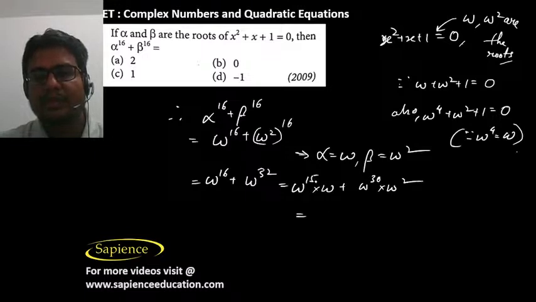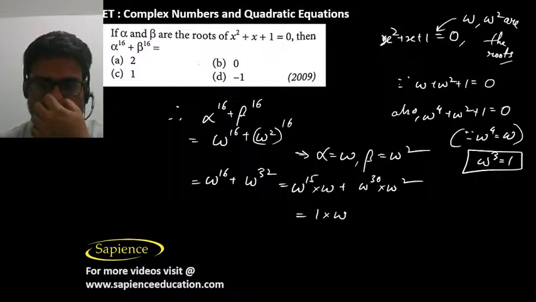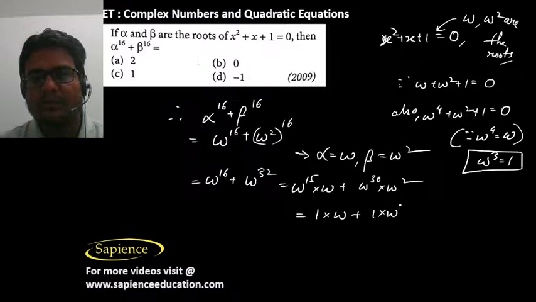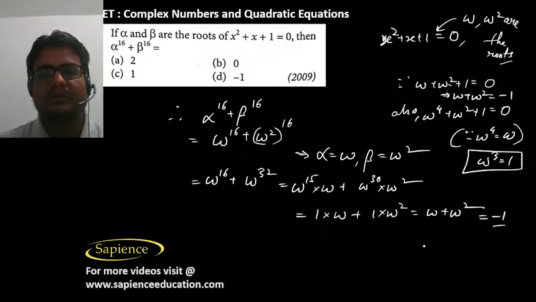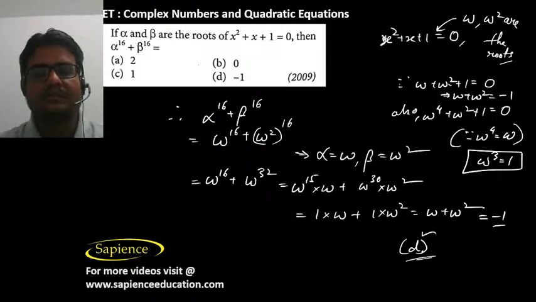Omega power 15 is the same as 1, since omega cube is 1. So 1 into omega plus 1 into omega square, that is omega plus omega square, which is equal to minus 1. So this answer is minus 1. So option D is the correct answer.